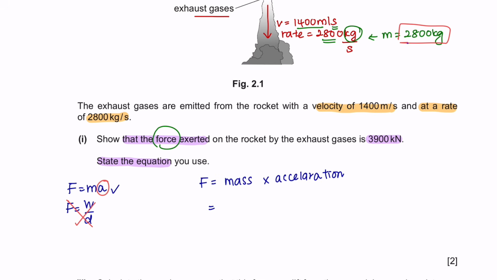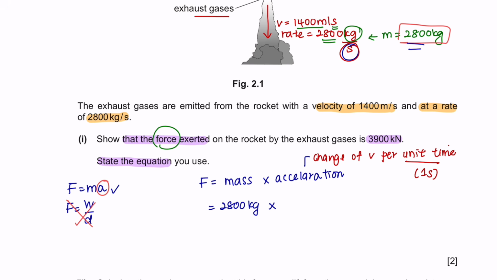So the mass given here is 2,800 kilograms that is being released per second multiplied by its acceleration. Acceleration is the change of velocity per unit time, and the unit time here is only 1 second since this is per second and this is also per second. So the change of velocity here would be 1,400 meters per second.